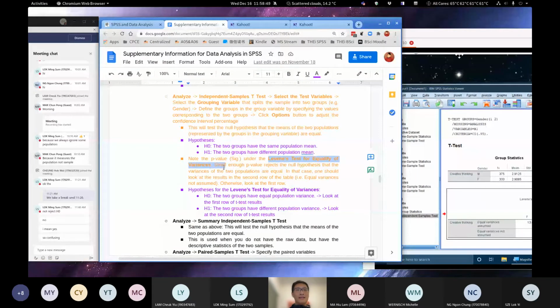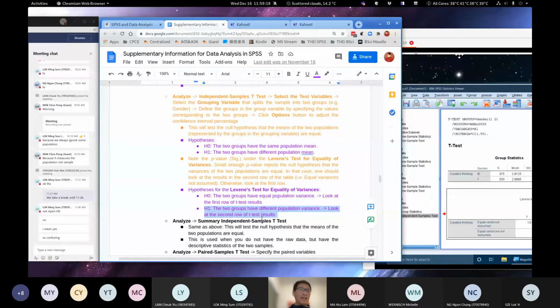The Levene's test for the equality of variance. So if the p-value is small enough, then we reject the null hypothesis. The null hypothesis is that the two groups have equal population variance. Now, in this case, if this is true, then we look at the first row of the t-test result. Otherwise, if this is not true, then we look at the second row of the t-test result.